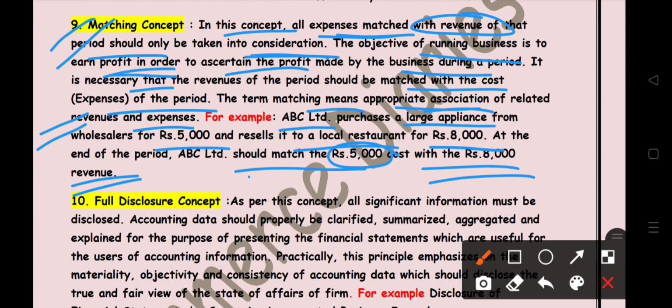So in this example, ABCD Limited purchased the appliance for 5,000 and resold it for 8,000. So here we will earn a profit. ABCD Limited has to match its revenue with its expenses in the going financial year.